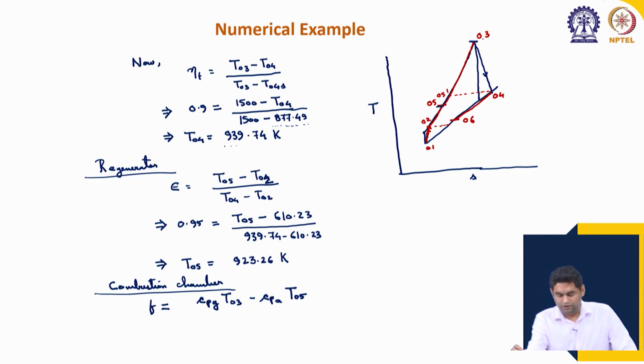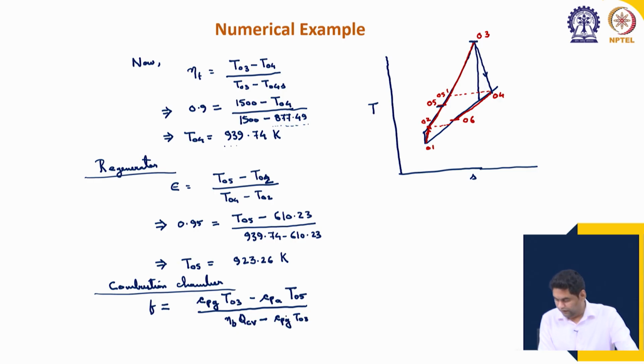Exit temperature is T03, inlet temperature is T05, divided by eta B, then QCV calorific value minus Cp of gas into T03.